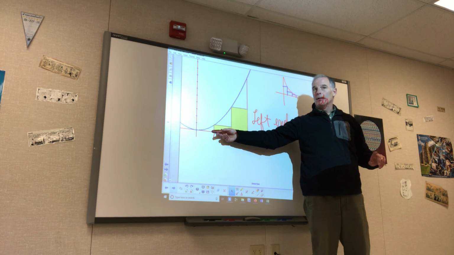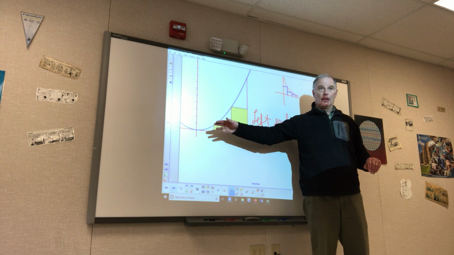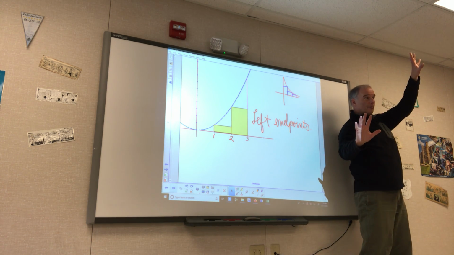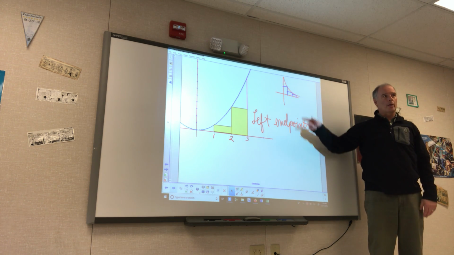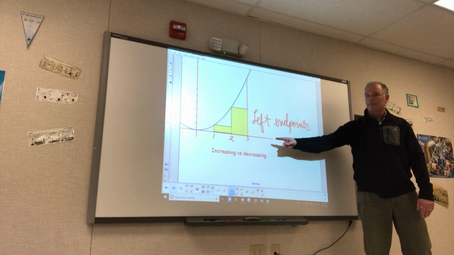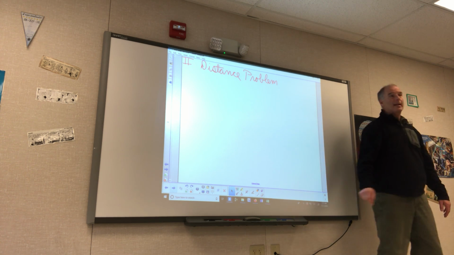If I pick a left on an increasing function, I'm always picking the smaller value, that's going to be an underestimation. So you kind of have to visualize what's going on here in terms of whether it's an over or an under approximation. Increasing versus decreasing. With the trapezoid, it had to do with concavity.